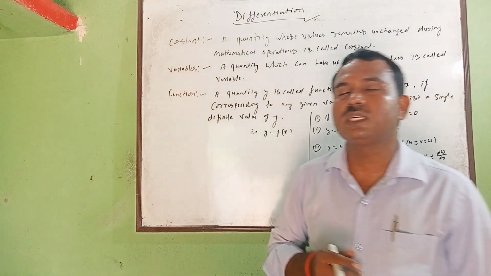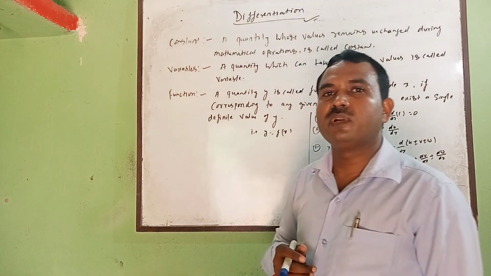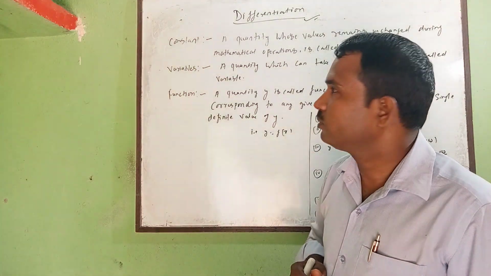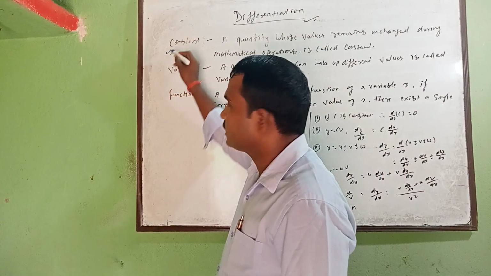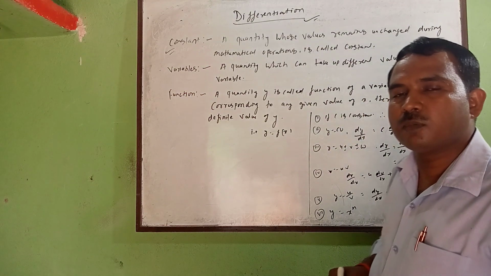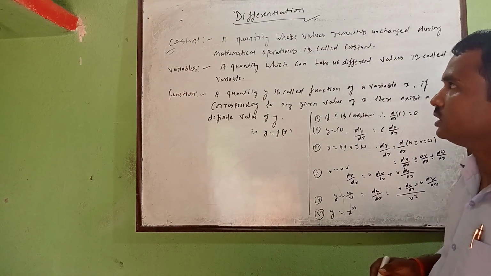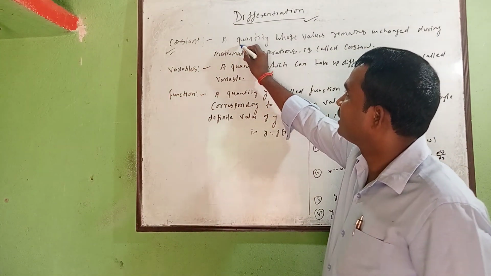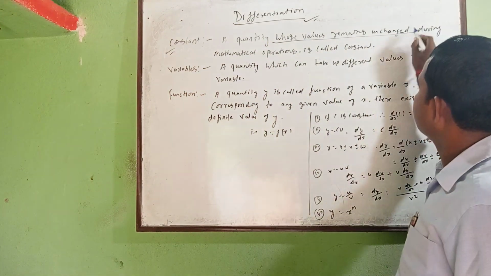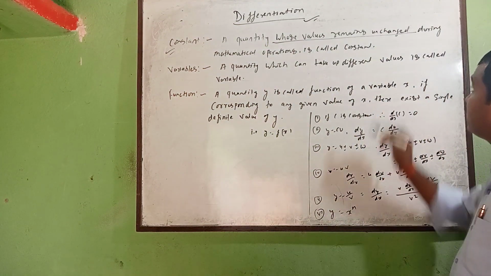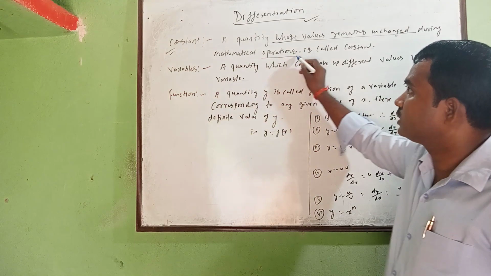If we discuss differentiation, then we have to know what a constant is. Yes, constant, the pure number, that cannot change. That means a quantity whose value remains unchanged during mathematical operations.